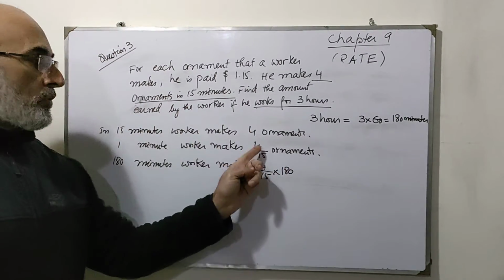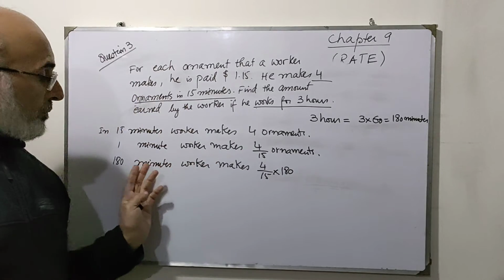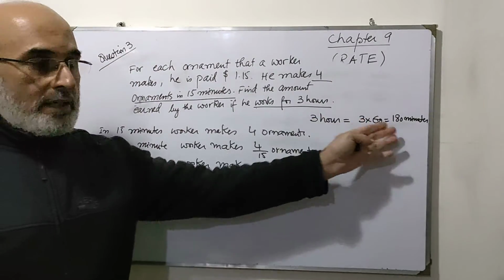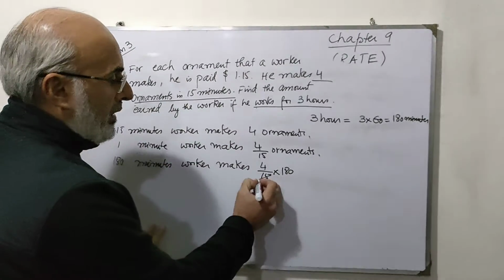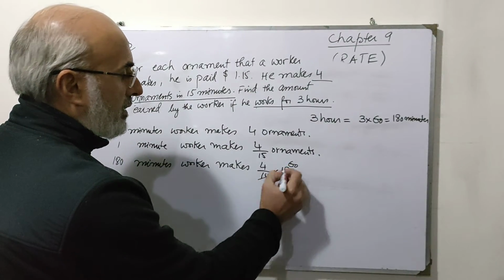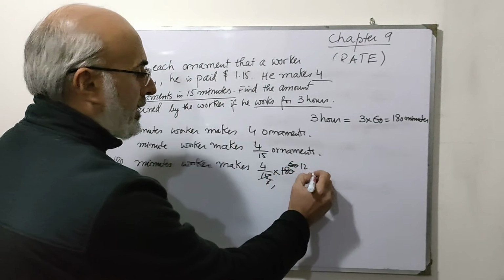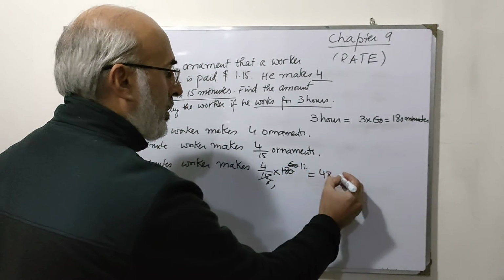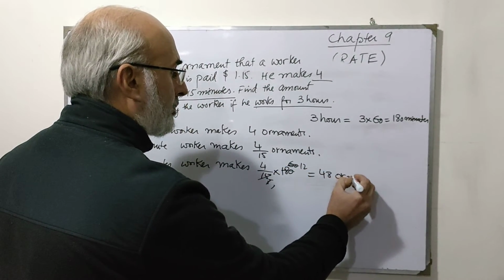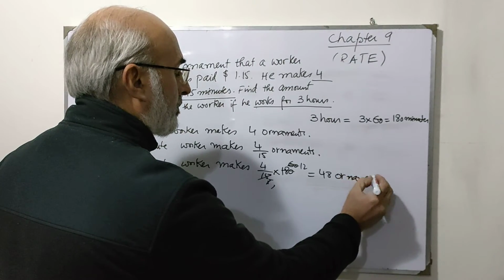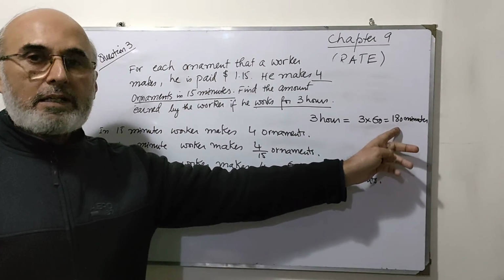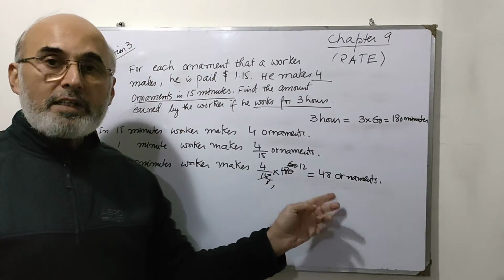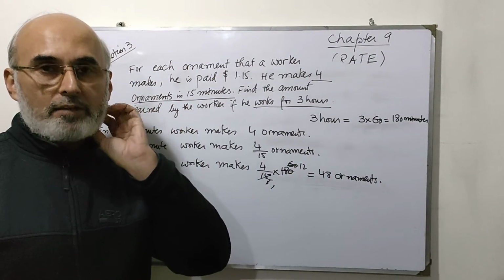For the unit time, we divide by the given time, and the target time is 180, so we have multiplied that fraction with 180. So let's solve it. 3 5s are 3 60s, 5 1s 12, and it is 48 ornaments. So the worker, if works for 180 minutes, can make 48 ornaments, right?